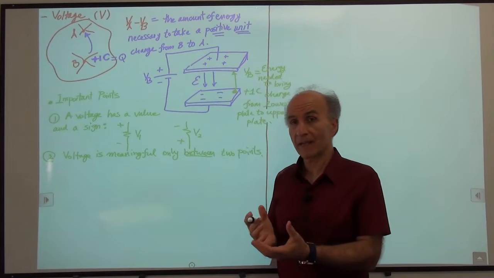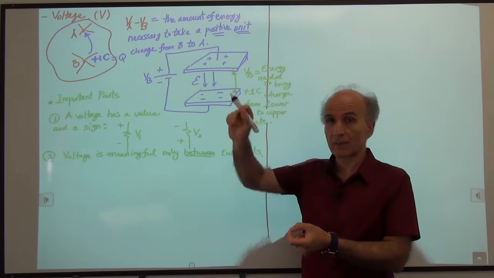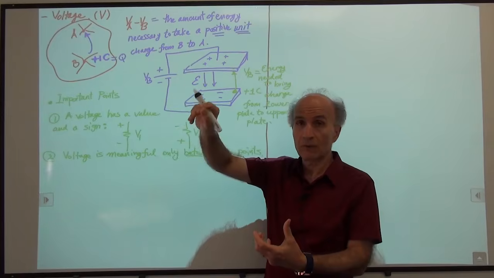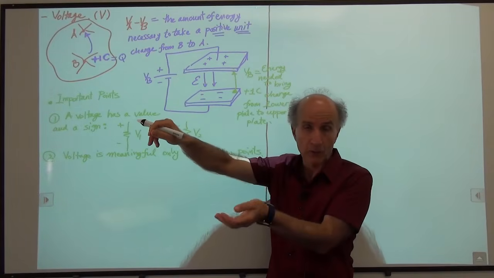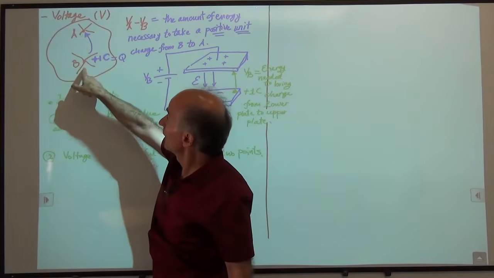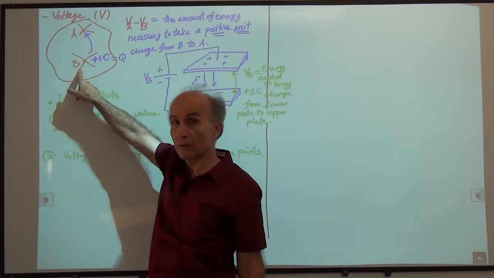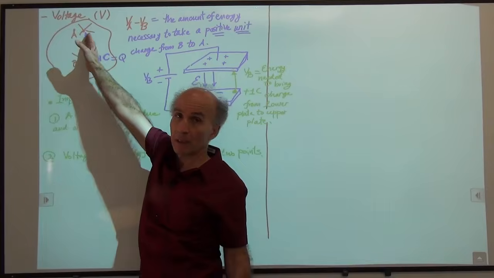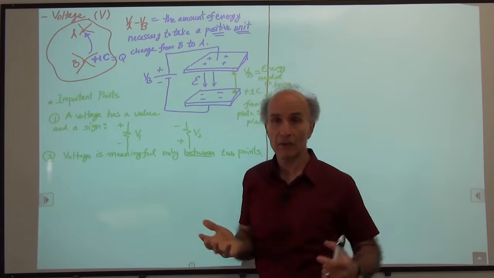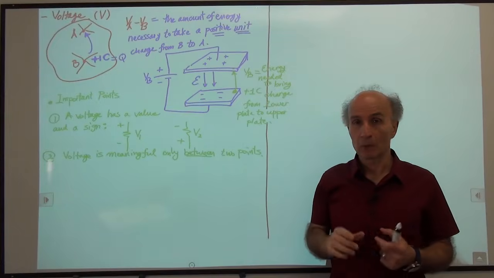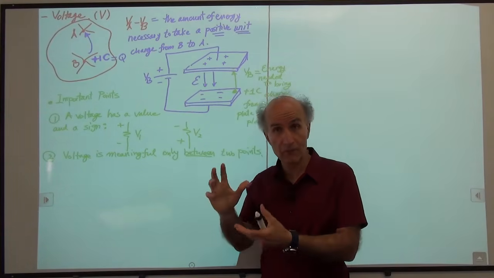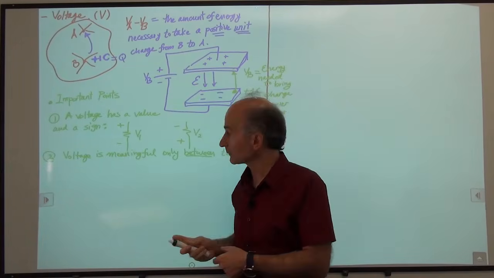Whenever I say the voltage at this point is 5 volts, what I'm really saying is that the voltage from this point to another point is 5 volts. We should always have 2 points between which we are measuring the voltage. These 2 points can be like this, like this, like this, and many other types that we will see. But we always have to remember that voltage is actually voltage difference between 2 nodes.